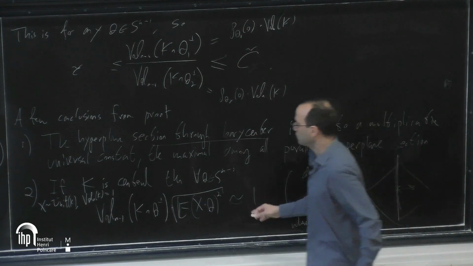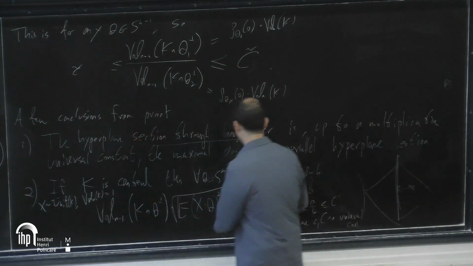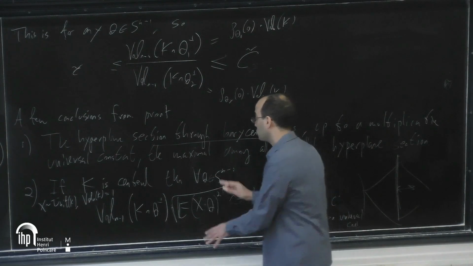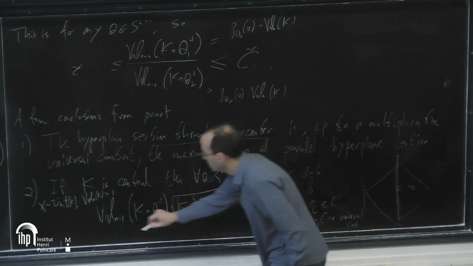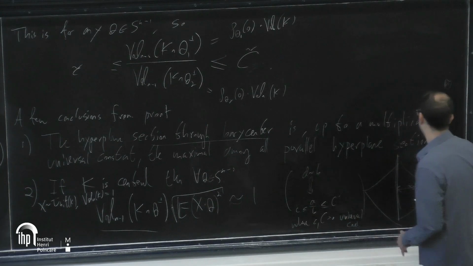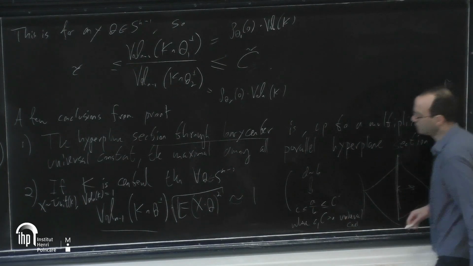So we get that it is roughly 1. Actually, in general, without volume of K equal to 1, we could say it is the volume of K, what's written here. So we can relate the volume of the section to the L2 norm of linear functionals.